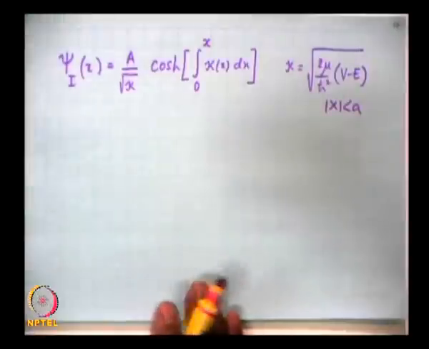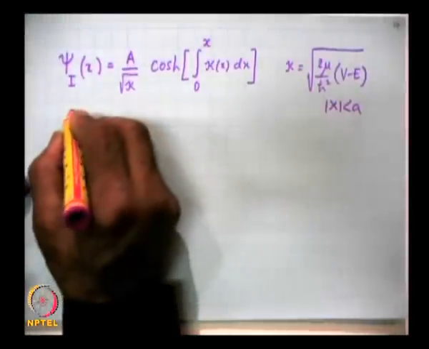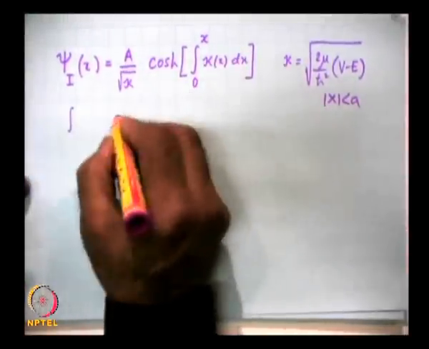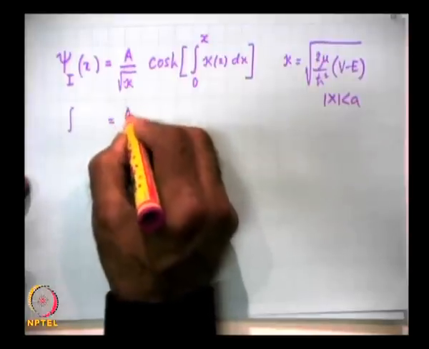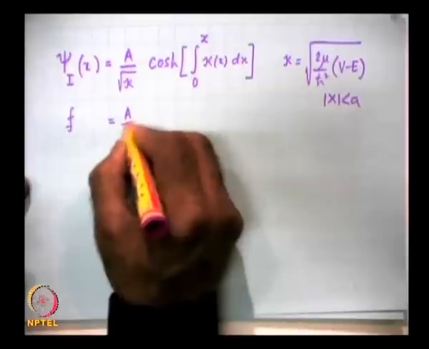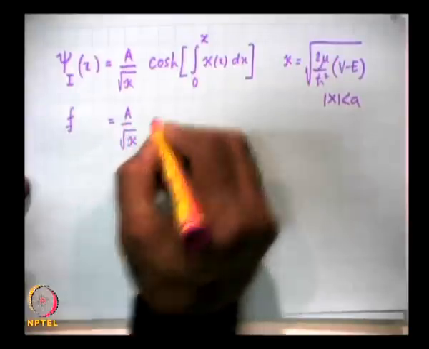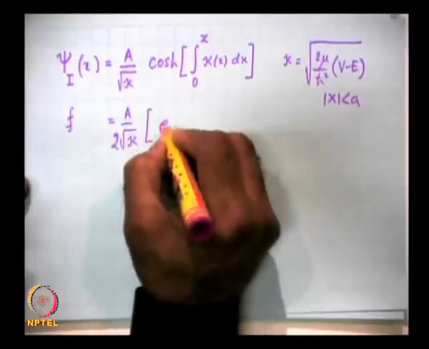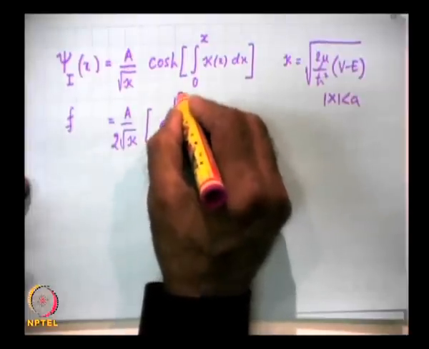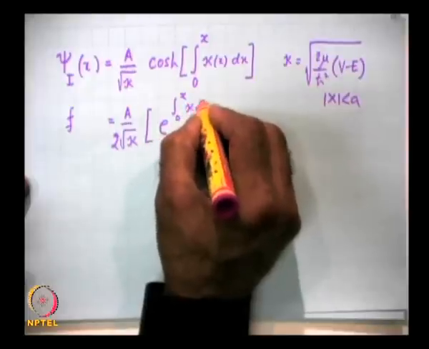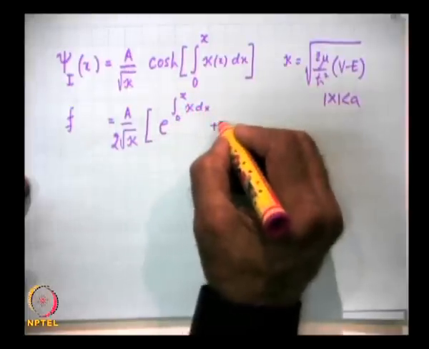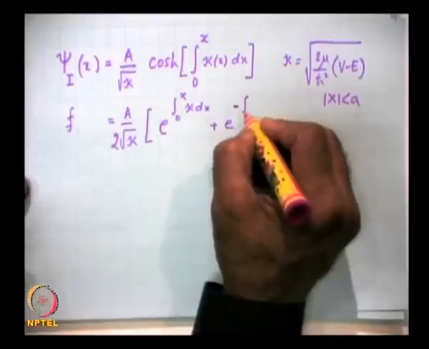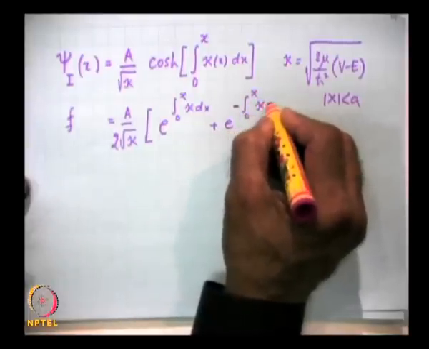So, first of all, this is equal to, first I must write it in terms of the exponentials, A by 2 times e to the power of the integral from 0 to x of kappa dx plus e to the power of minus the integral from 0 to x of kappa dx.